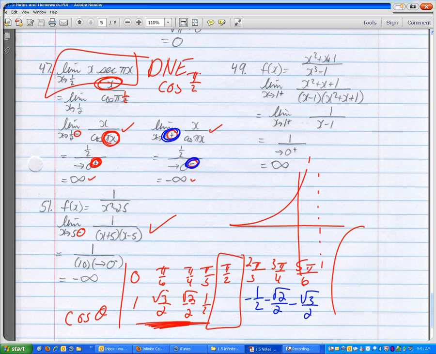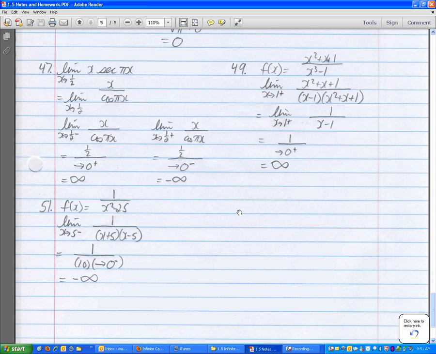You do 49. All right, on 49, they tell us to use a calculator. We can do it without. We're supposed to find the limit as x approaches 1 from the right of. All right. So x squared plus x plus 1 is not factorable.